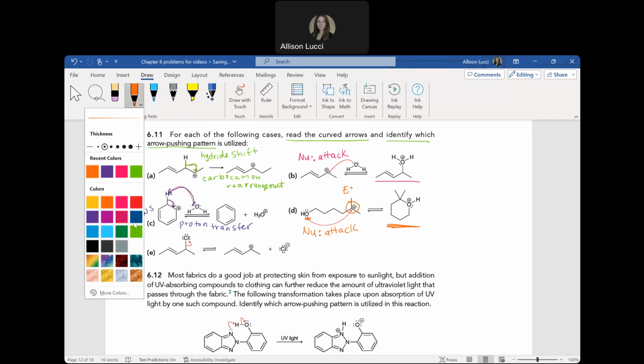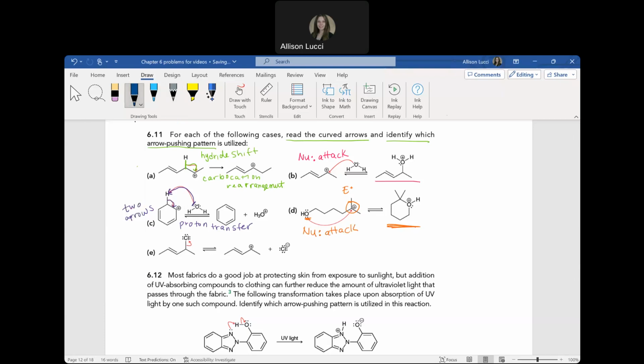Our last example here, example E, we see our tail end of our arrow starts on this bond here, and then the head of the arrow ends on the chlorine atom. So this would be an example of a loss of leaving group.